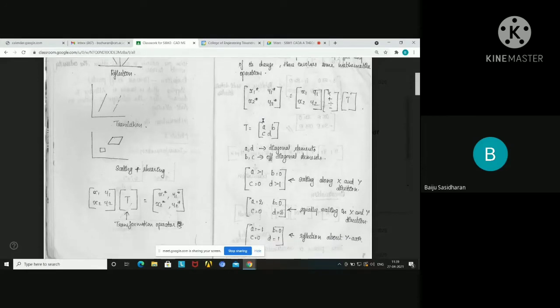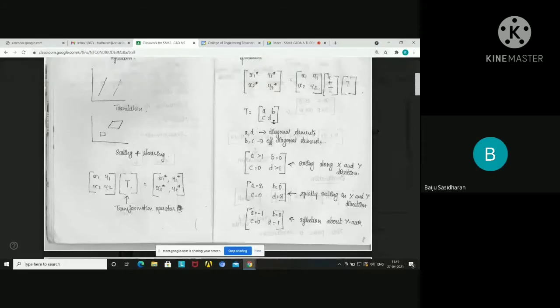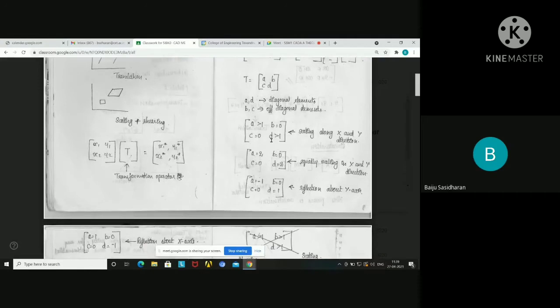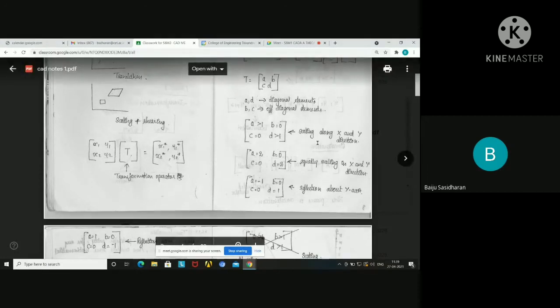Okay. In a sense, we generally express T as the matrix A, B, C, D. In this, A and D are diagonal elements and B and C are off-diagonal elements. Here also we have to observe some effects. If A is greater than 1 and D is greater than 1, B is equal to 0 and C is equal to 0, the effect will be scaling along the x and y directions.